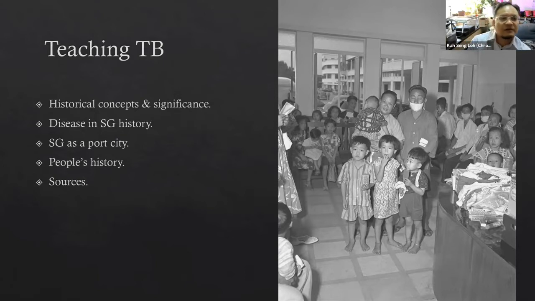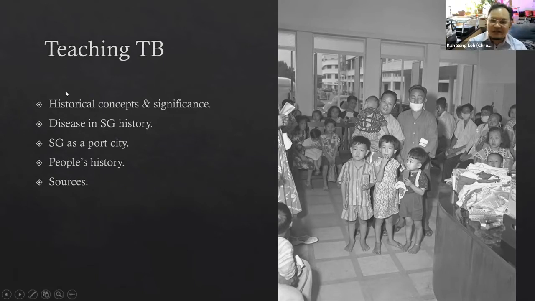In that role, I prefer to see Singapore as a city-state, but I think there's an overlap between the two. In both cases, you have a relatively open port city that brings in disease together with people and trade and business.